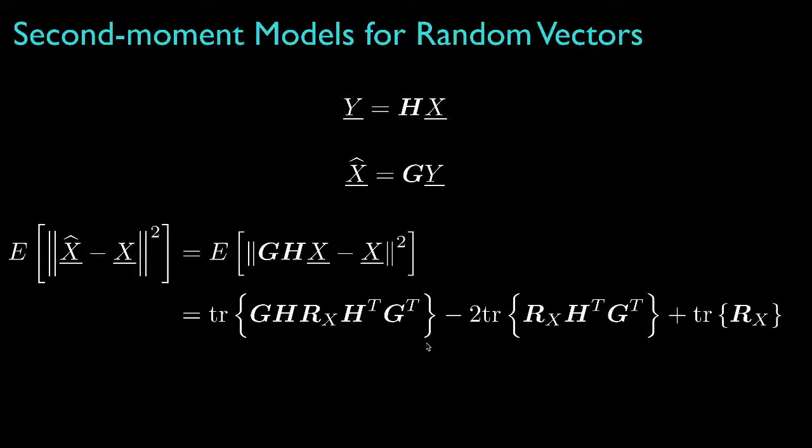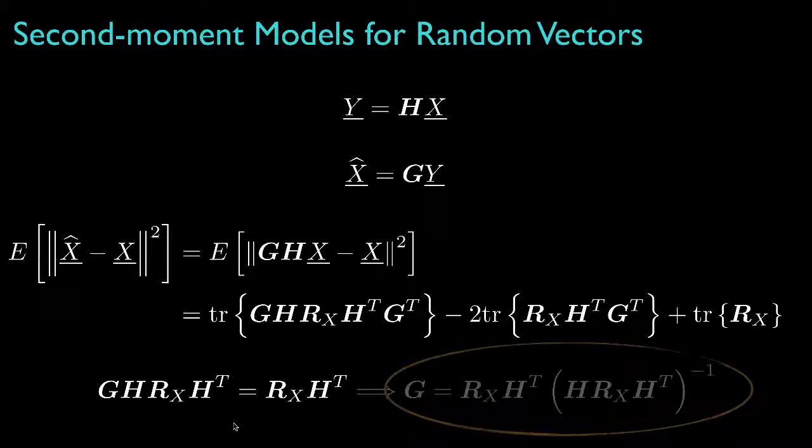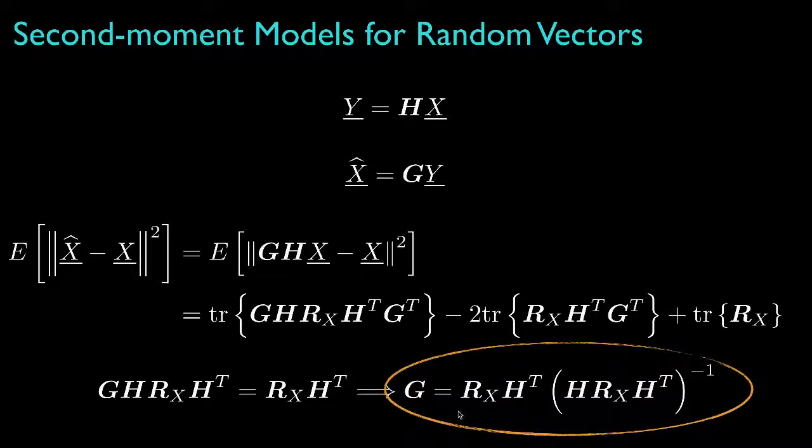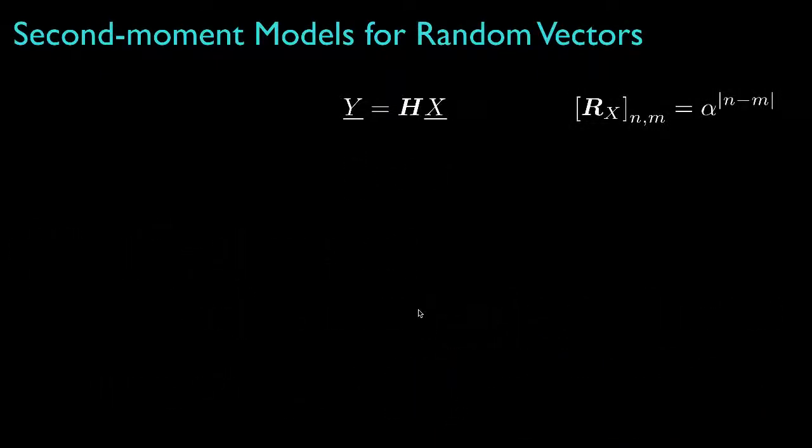Then if we differentiate this mean square error with respect to each element of the matrix G, and then set those derivatives to 0, we'll get the following condition for the matrix G to satisfy, which, if we rewrite it like this, would give us an expression for the matrix G that would minimize the mean square error.